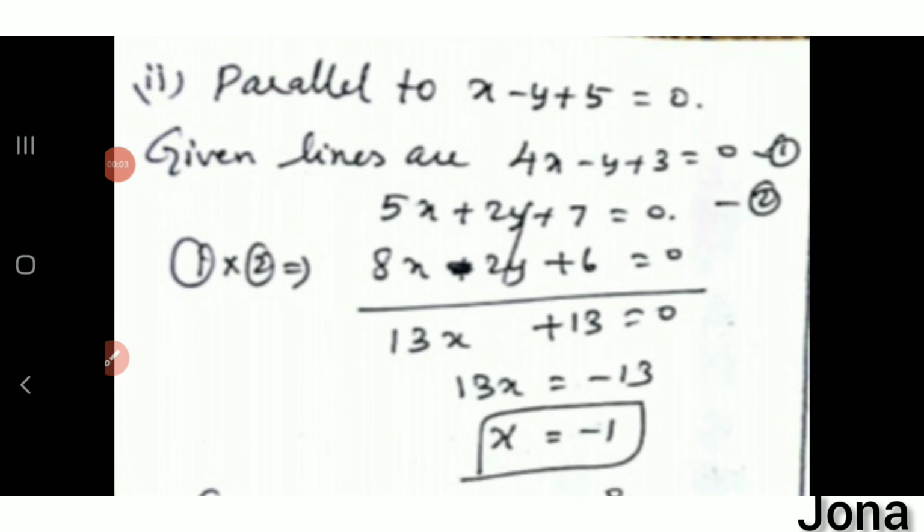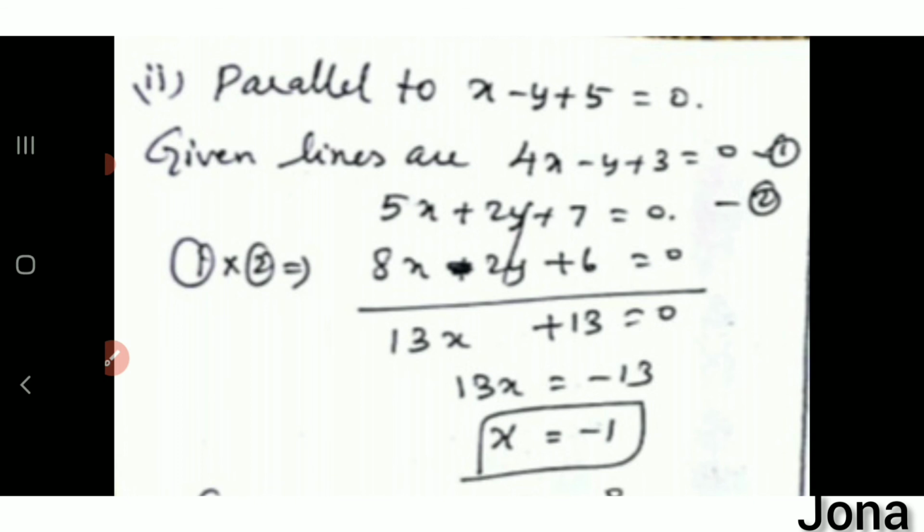Second division, parallel to x minus y plus 5 equal to 0. Here the first given line is 4x minus y plus 3 equal to 0, and the second line is 5x plus 2y plus 7 equal to 0, isn't it?